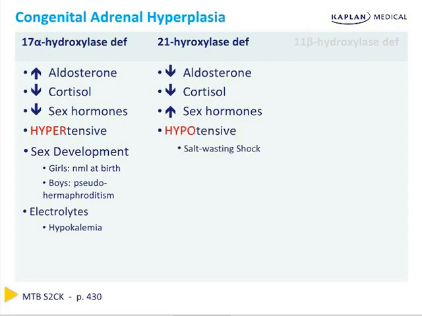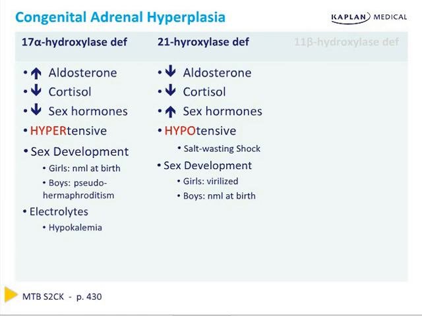So as we said, these patients are hypotensive. They have salt-wasting shock, and that's because they have no aldosterone and no cortisol. The differences in sexual development is that now it's the girls have the issues. They are virilized at birth, developing male genitalia externally, but retaining female reproductive organs internally. The boys are normal at birth because the excess sex hormones don't affect them.